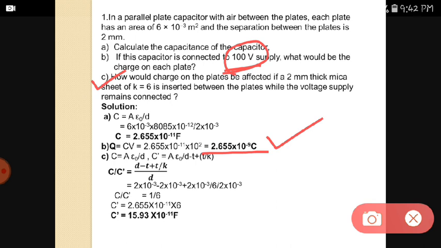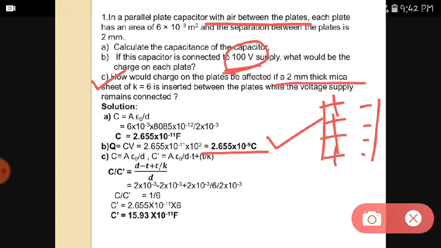I will tell you. This parallel plate capacitor, which was given in air medium, they have told that the plates have air in between them. Now what they have asked is that we are going to put another medium, a 2 mm thick mica sheet, which we are going to insert in this.